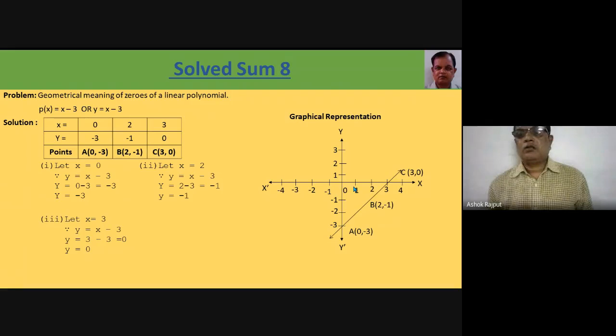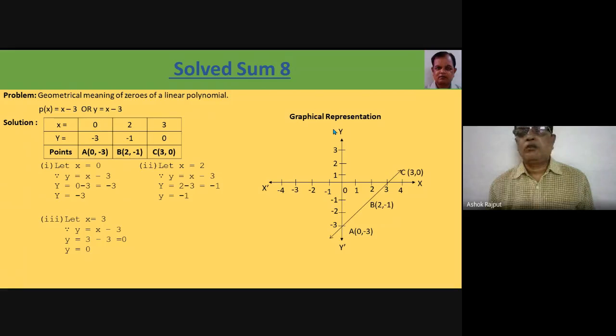On the x-axis 2 and just below up to 1 we have marked here. It is minus 1. So B is here, and C is 3 comma 0. It means on the x-axis we will move 3 units and on the y-axis it is 0. So we have marked these and join A, B and C. Now we see we are getting a straight line, as our polynomial is telling us, because its degree is 1, so it is a linear equation.